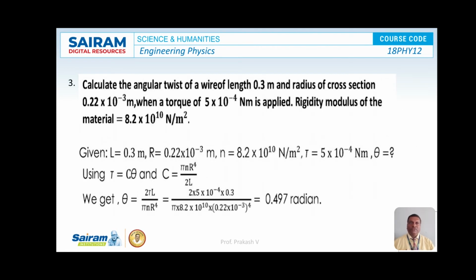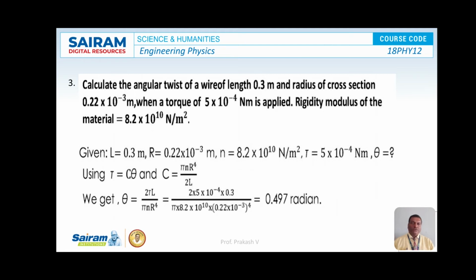The third problem is: calculate the angular twist of a wire of length 0.3 meter and radius of cross section 0.22 × 10^-3 meter when a torque of 5 × 10^-4 Newton meter is applied. Rigidity modulus of the material is 8.2 × 10^10 Newton per meter square.